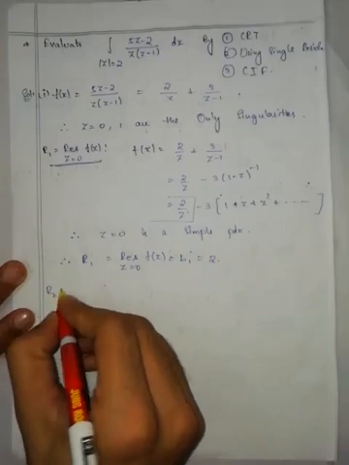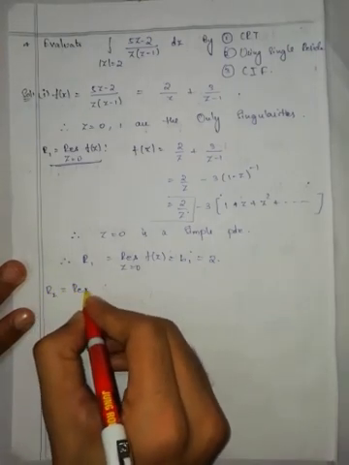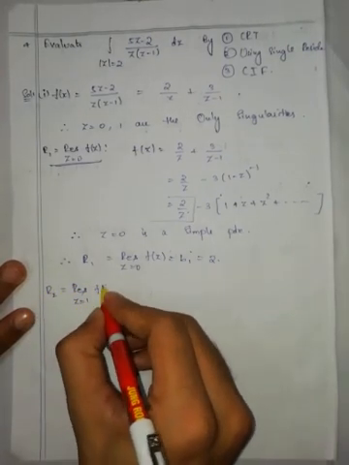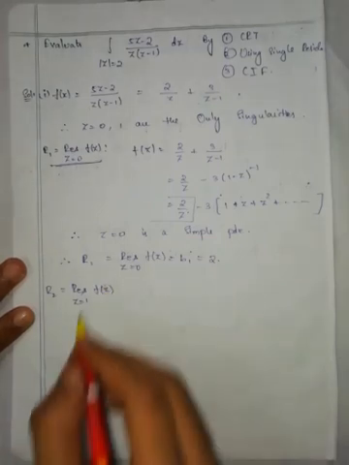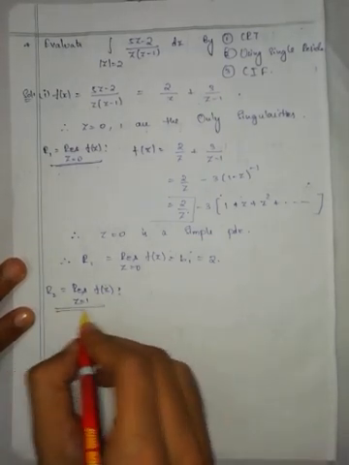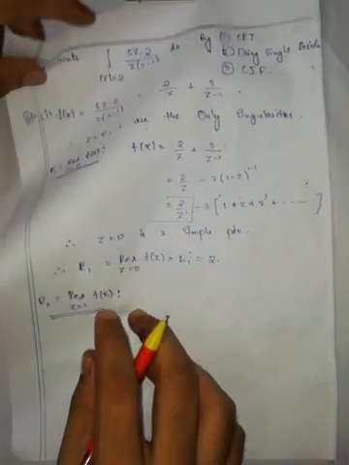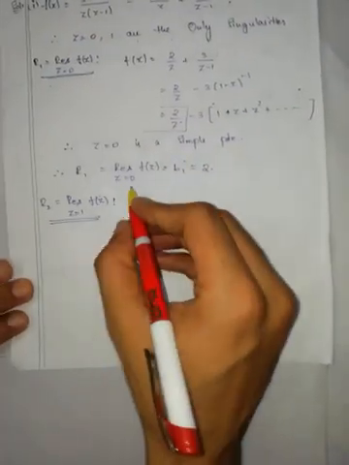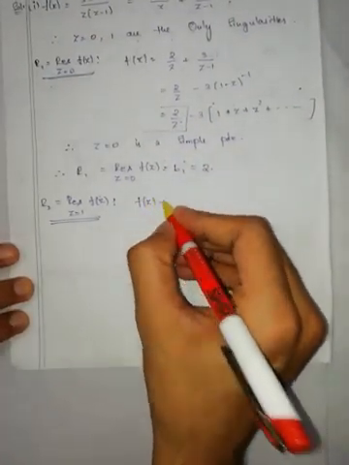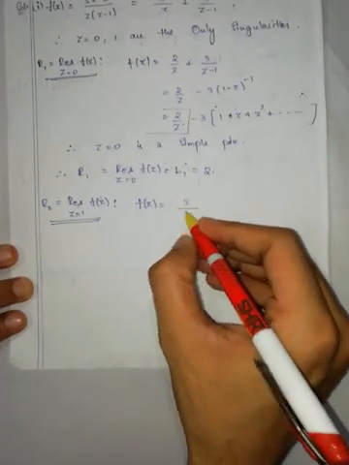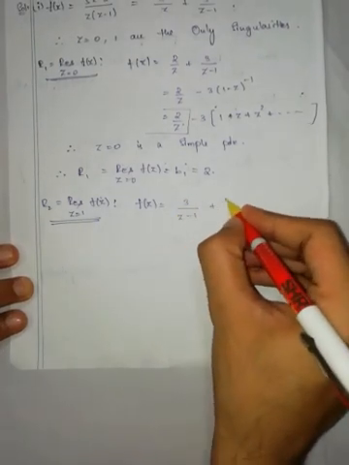Now let us find R2, the residue at z = 1 of f(z). f(z) = 3/(z - 1) + 2/z.